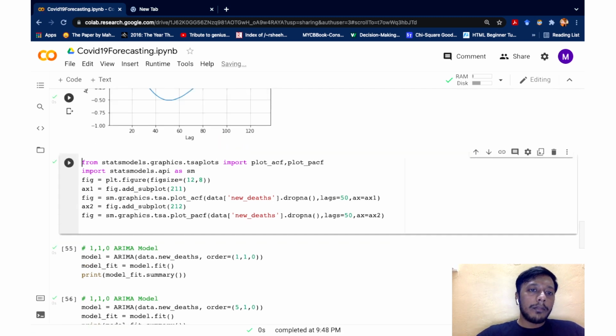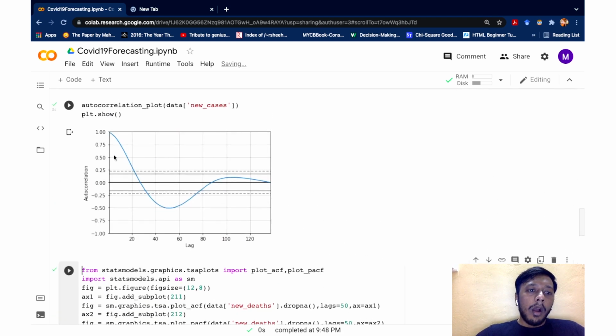This autocorrelation plot tells you, for each lag, where the x-axis is the lag, 1 day, 2 day, 20 day, 40 day, 60 days, and so on, how much the correlation of the actual data is with respect to that lag. There is a dotted line you can see in this visualization, which is the statistical significance.